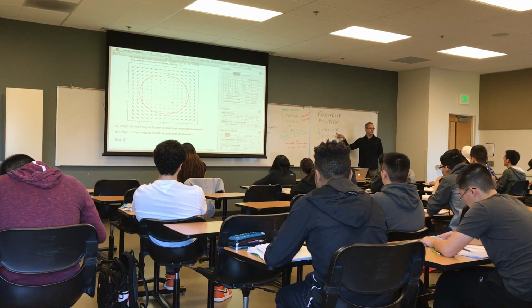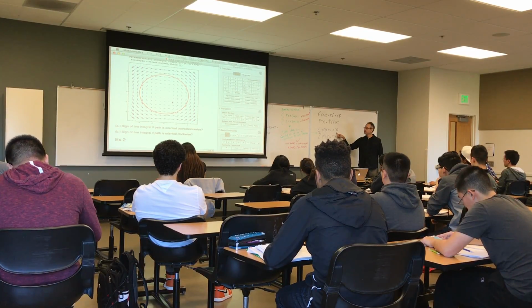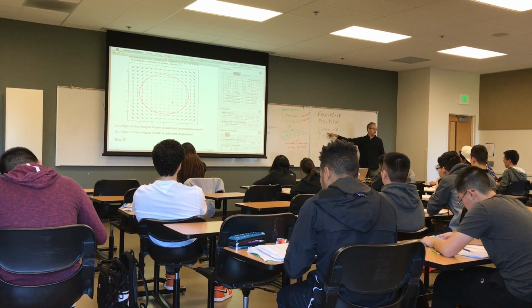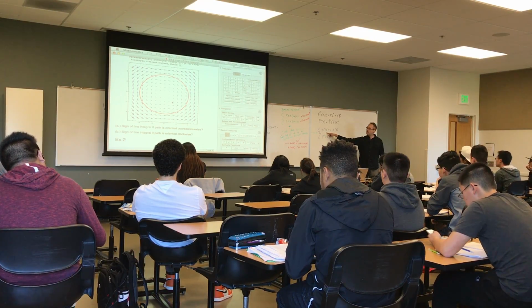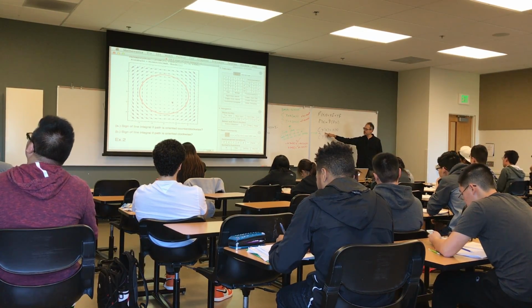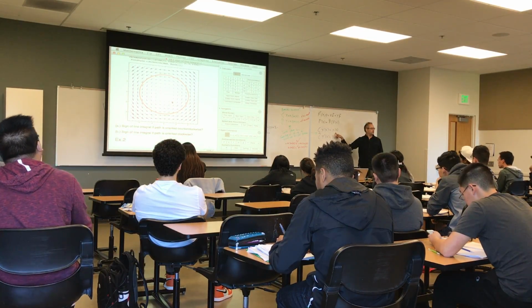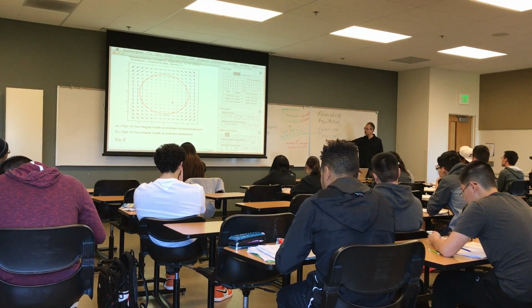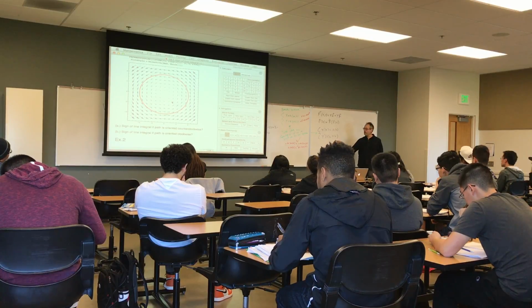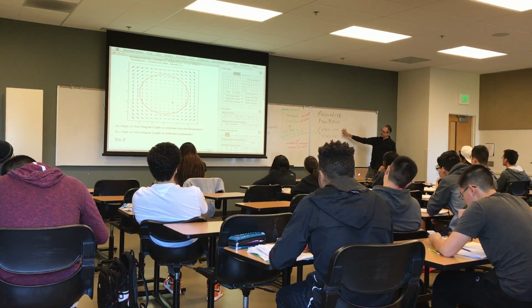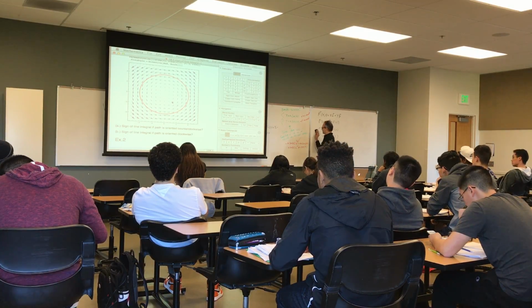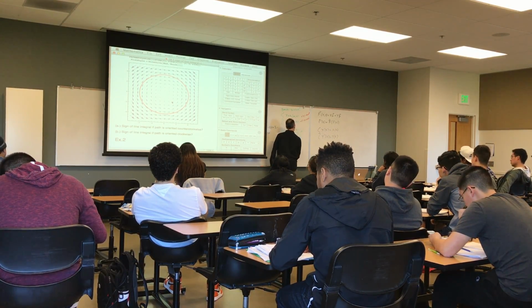Do you know a function like that? E to the x. So if you have something like e to the t, the derivative of e to the t is e to the t. Same thing down here, right? So the derivative is itself, so maybe something like e to the t.